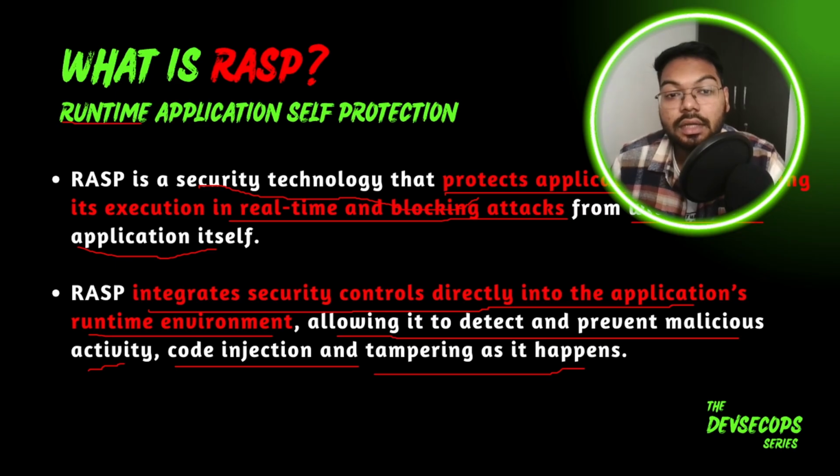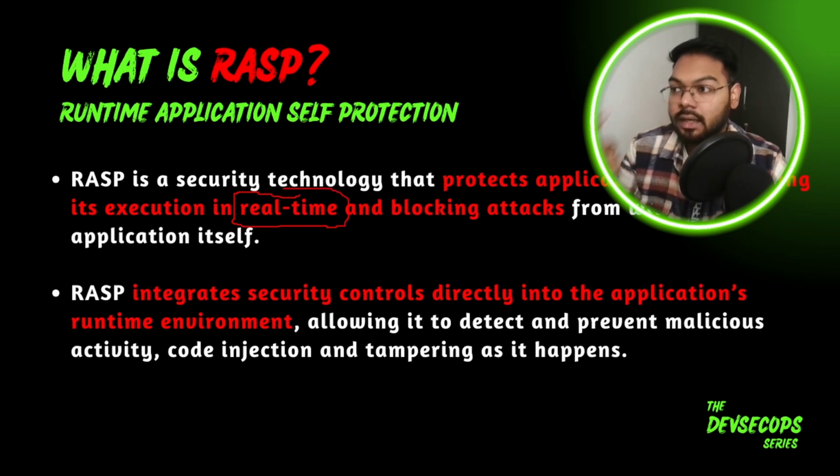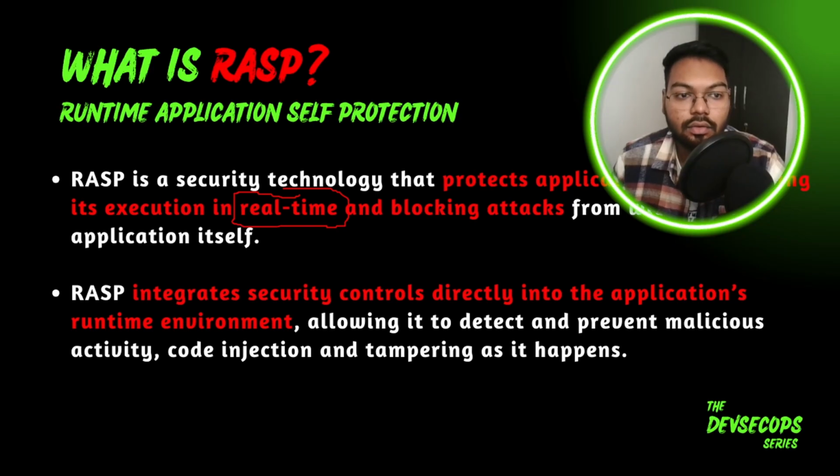So RASP is a real-time threat blocker. This is the really important word that you need to emphasize in your interviews, or for your understanding. It is a real-time, active detector or monitoring solution, and then it blocks as well.